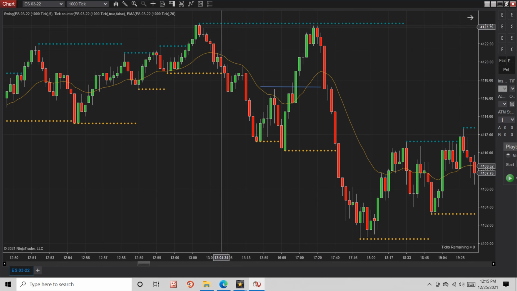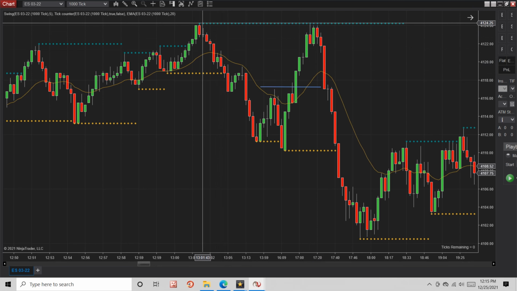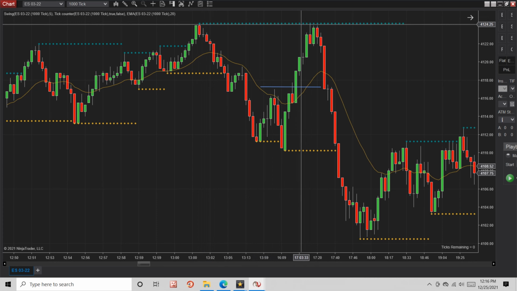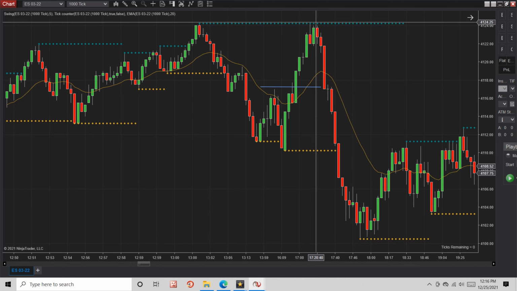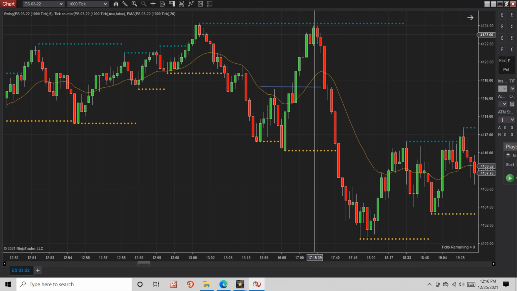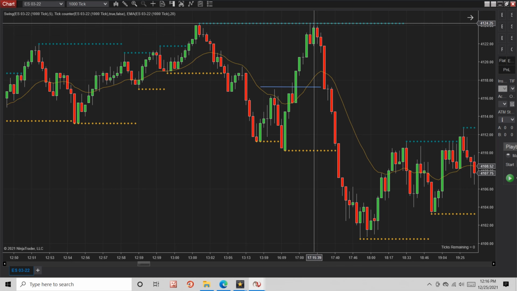If we know it would make a different resistance line, like for instance here, this is one resistance line, the circles. If we know that if price just changed up 0.25, it would make a different top level, then I would not take this trade even if it hit the same exact level.